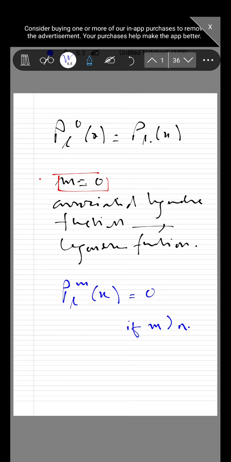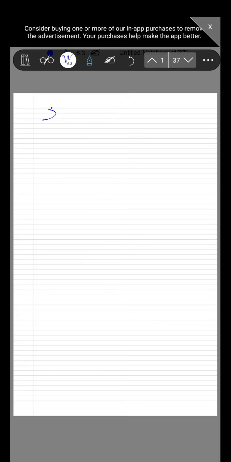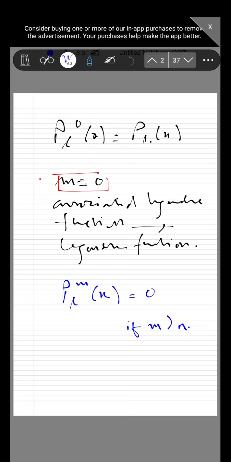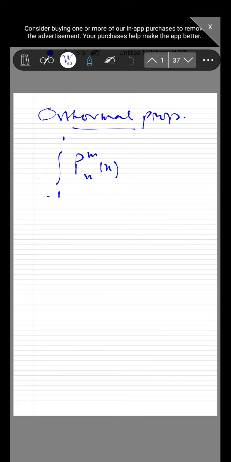The orthonormal properties of the Legendre function. The orthonormal properties are: the integral from minus 1 to 1 of P_n^m(x) P_l^m(x) dx is equal to 0 if n is not equal to l.